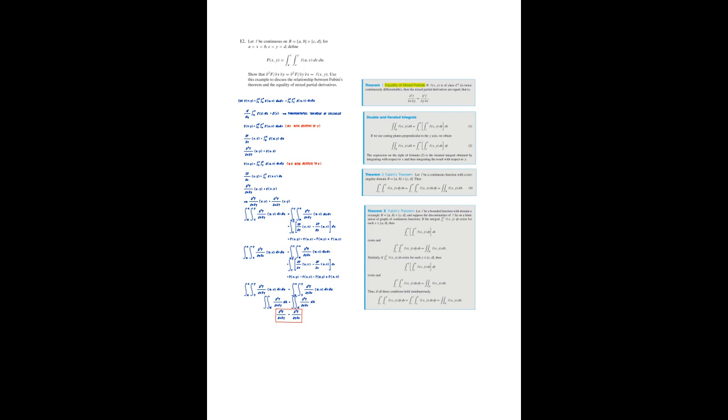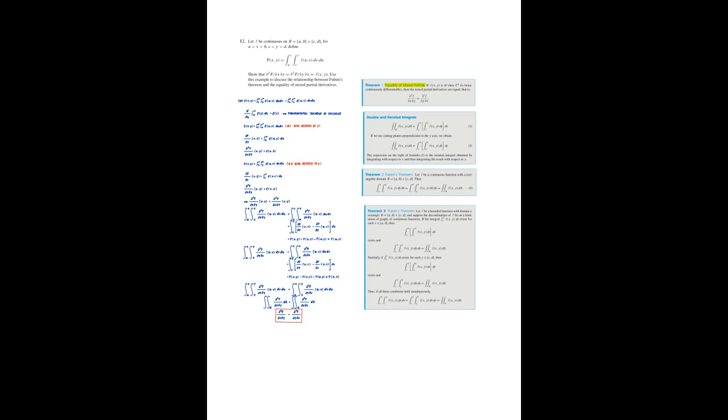And then the other way that I did was I started the opposite way using Fubini's theorem. As you can see, I took the mixed partial derivatives and put them inside integrals, and then I just integrated them the usual way. I did that both for the mixed partial derivative of xy and the mixed partial derivative of yx.